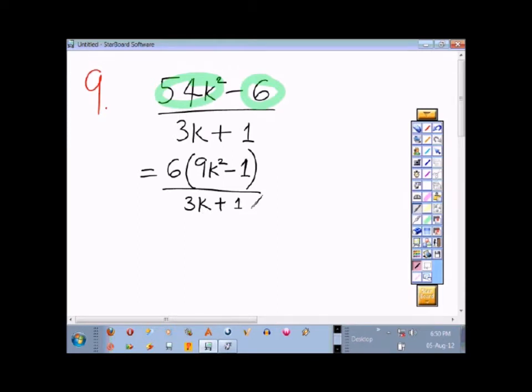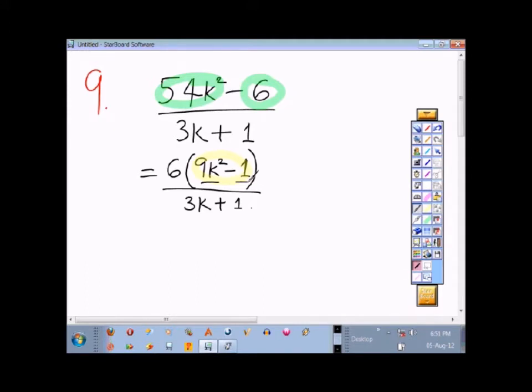Now looking into the content of this bracket, you will observe that the two terms here are each perfect squares. That is to say, we may write each of them as something squared, where those two things are rational.